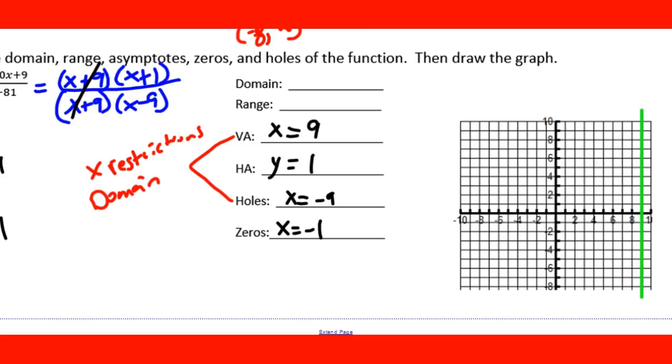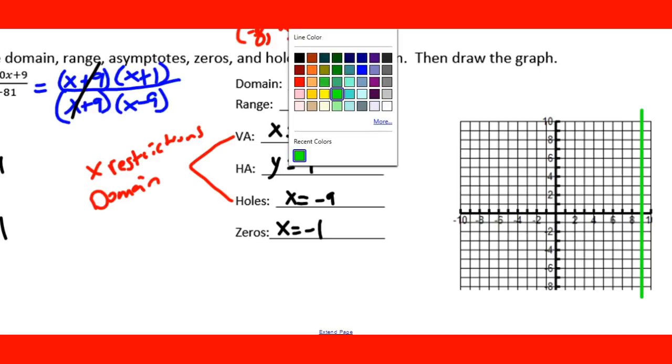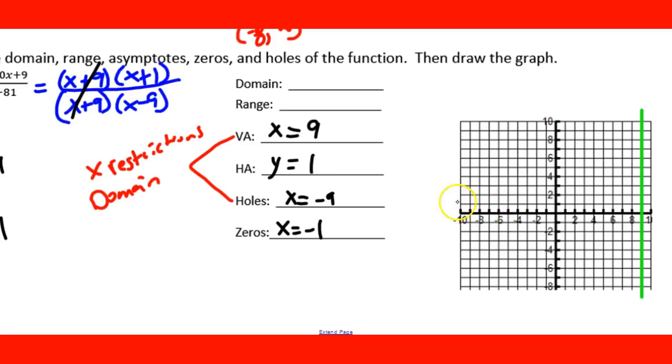And then we have a horizontal asymptote at 1 right here. And then we have a zero at negative 1. So right here.